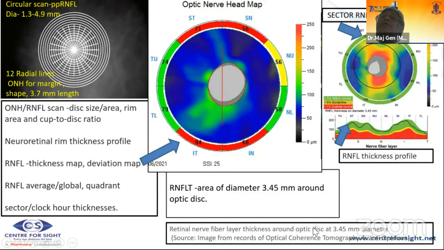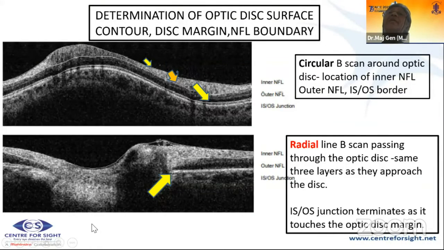What is to be remembered is that for the retinal nerve fiber layer, the diameter of the scan area is around 3.45 millimeters around the optic disc. This is a very important concept because it differs between machines. In the OptoView, in order to determine the contour of the retinal nerve fiber layer, a circular scan is taken around the optic disc.